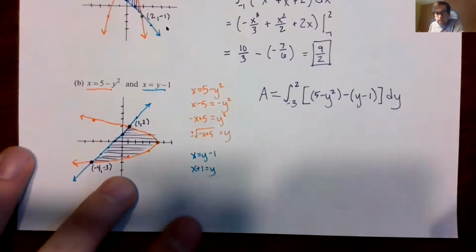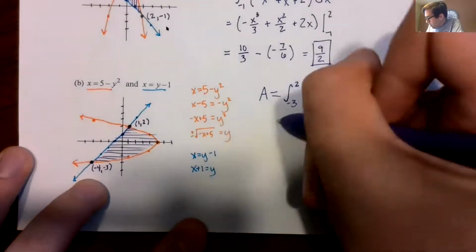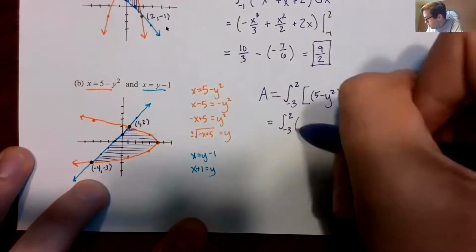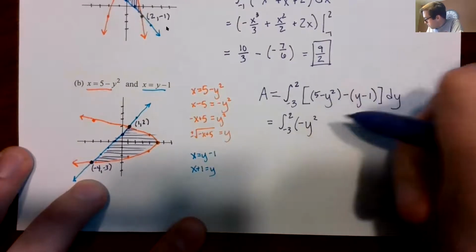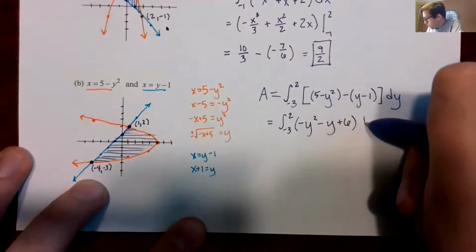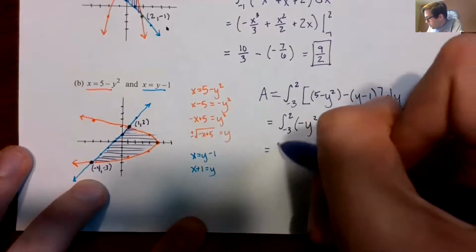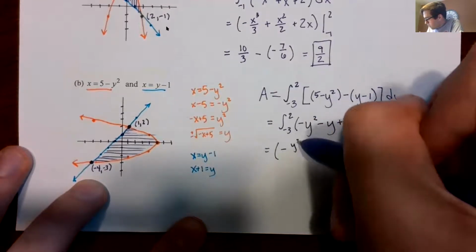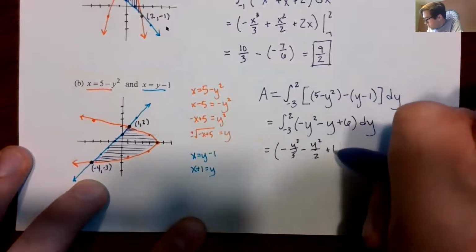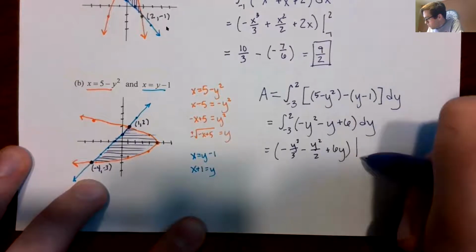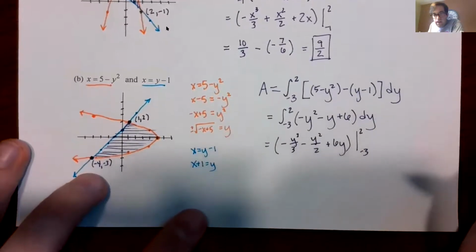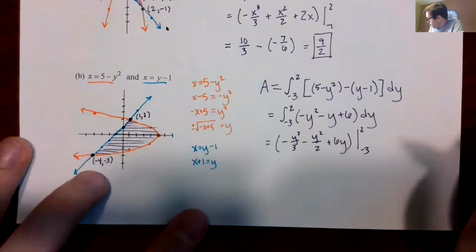And I'm going to then solve this integral. So I'm going to combine like terms, and integrate. And then we'll plug in the 2 and plug in the negative 3.